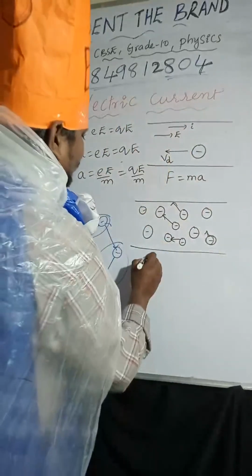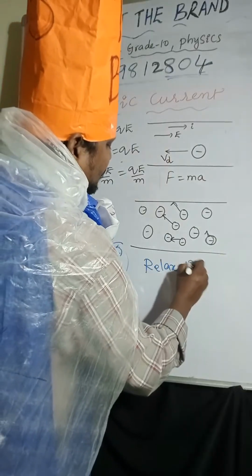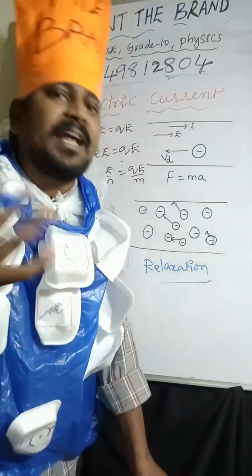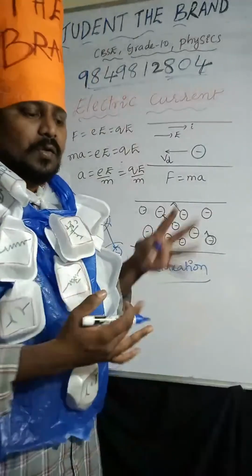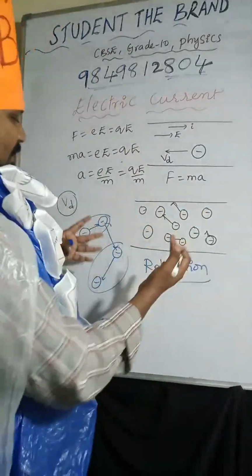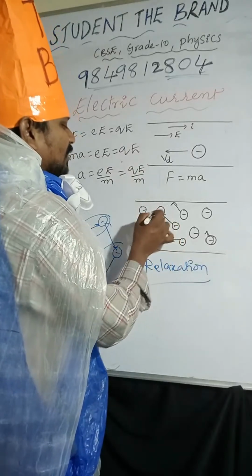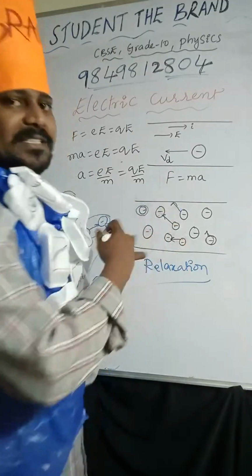relaxation time. Relaxation time is nothing but the average time between two successive collisions. This electron will hit another electron, and these collisions will take place each and every time.